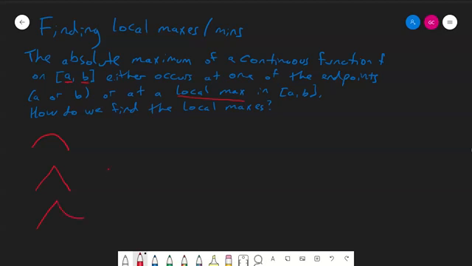So these are all what local maxes of continuous functions look like. In the first case, the tangent line at that point is horizontal, and f prime is 0. And in both of the other two cases, there isn't a tangent line. In both of these cases, f prime is undefined.